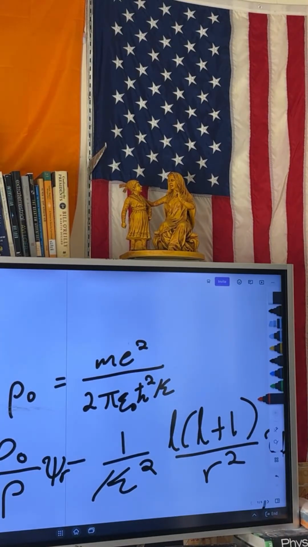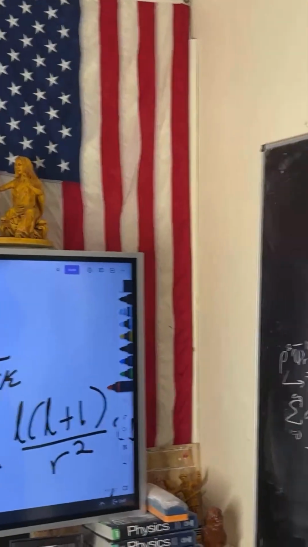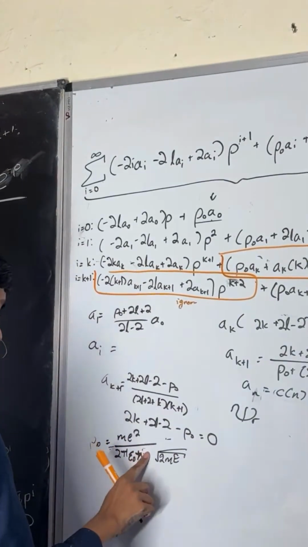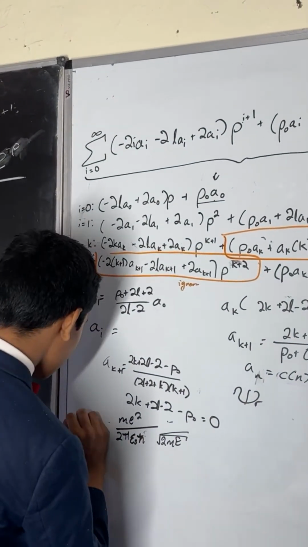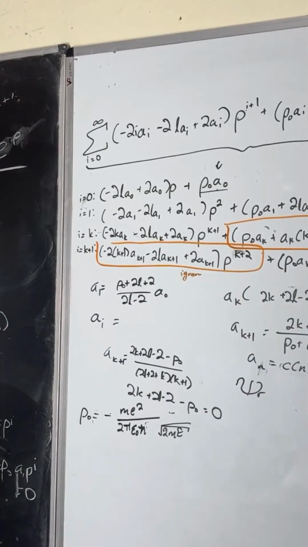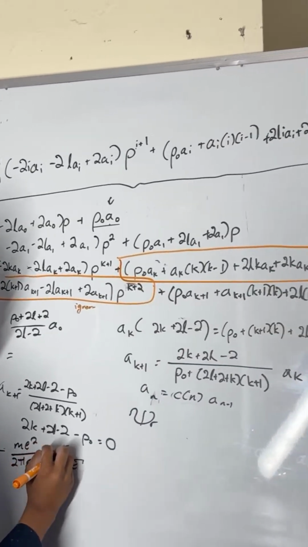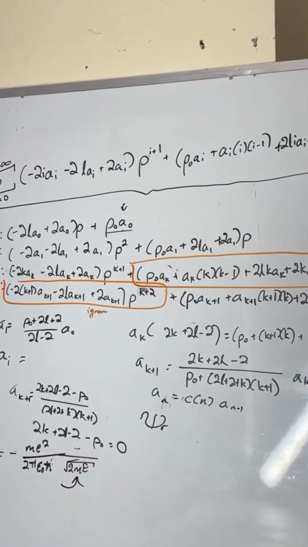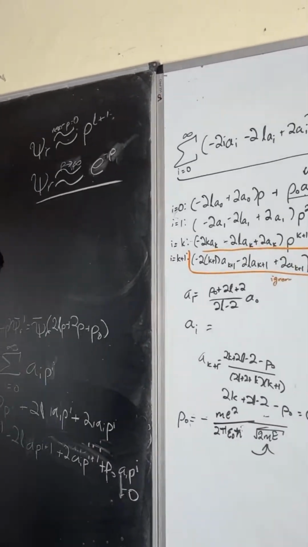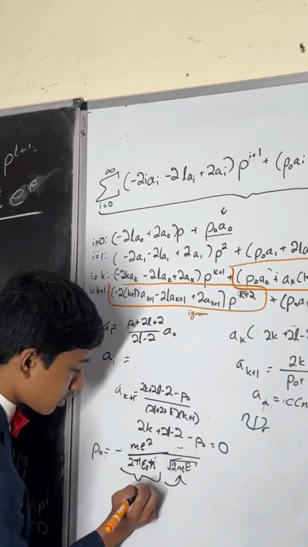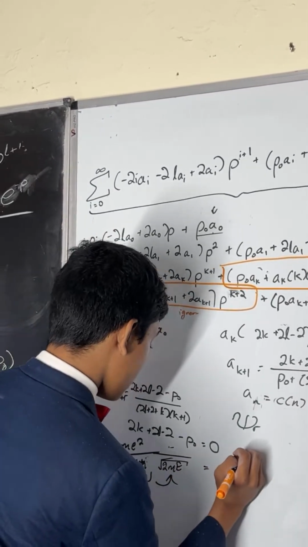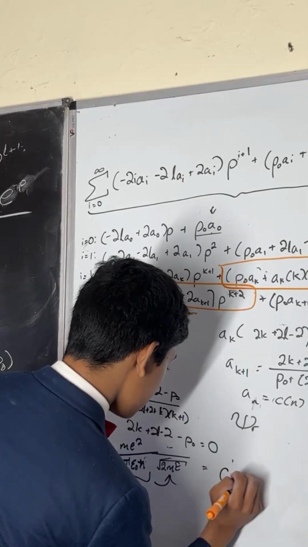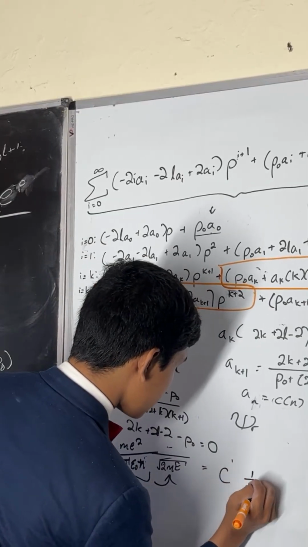Kappa, well, 1 over kappa is going to give us h bar, so minus h bar divided by 2, the square root of 2me. So this is going to disappear. And rho naught is this. Look at that. There's a little guy in there, 2me. So what I'm going to do is abbreviate this whole mess as c times 1 over the square root of e.